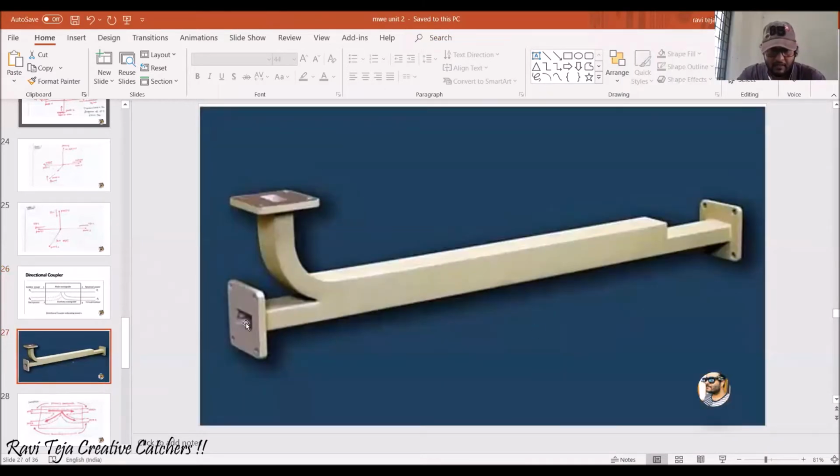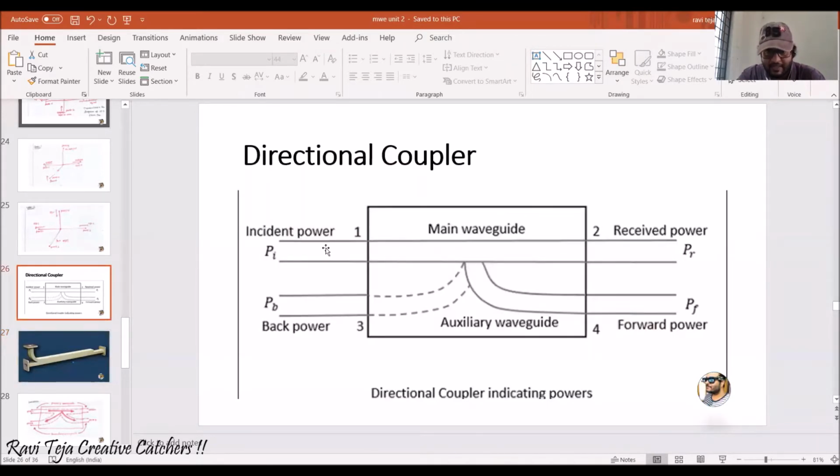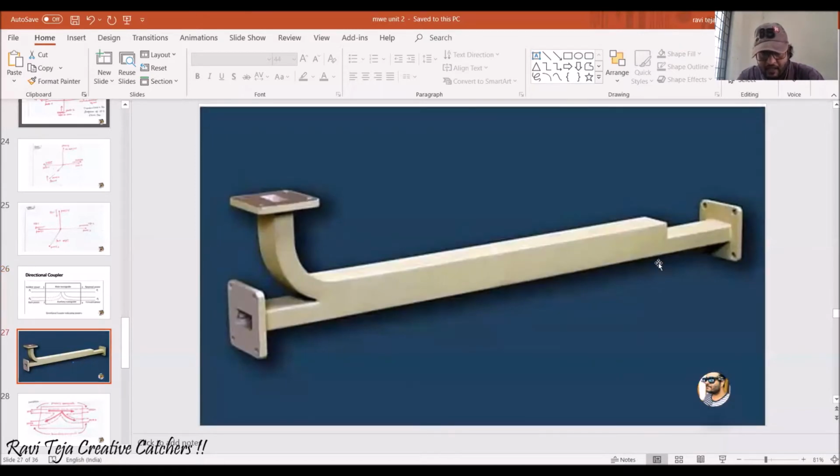This straight line of the directional coupler, or the straight line ports, are represented as P1 and P2, or you can call it port 1 and port 2. This bottom line is considered as our port 1 as well as port 2, which is represented like this.